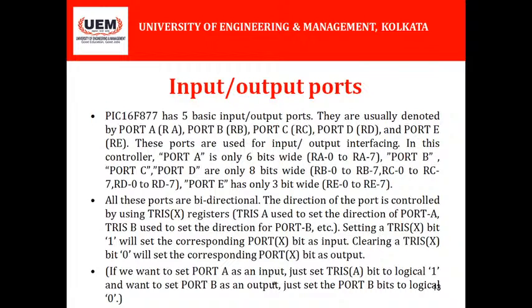Input output ports. The PIC16F877 has 5 basic input and output ports. They are denoted by port A as RA, port B as RB, port C as RC, port D as RD, and port E as RE.